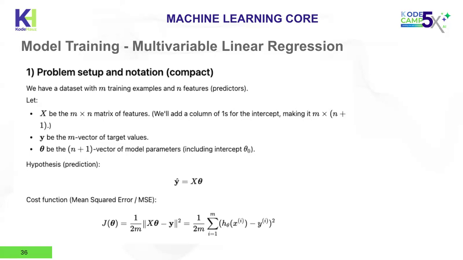But I think there is a mix-up here. Okay, this is a premise. We have M training examples. I used N for that, but here M is used for training examples, and N is the features. So if you have that, then you have M by N.